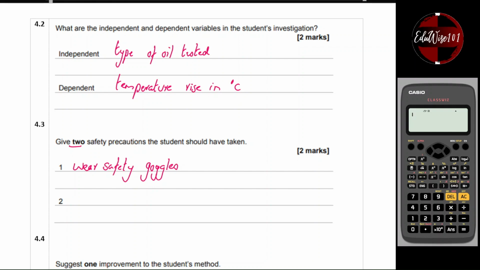So one would be wearing safety goggles, and second is to not heat the oil directly. They're using a water bath, right? Or you could say wear gloves, in brackets, for the hot surface.